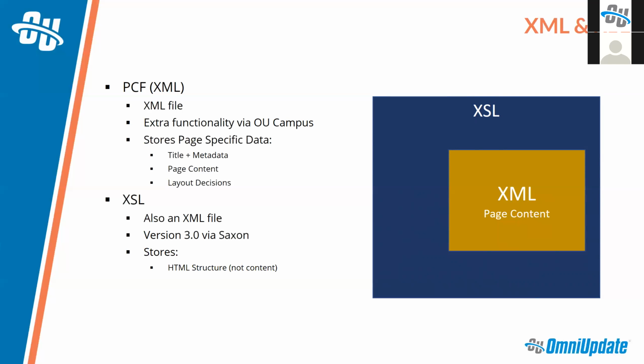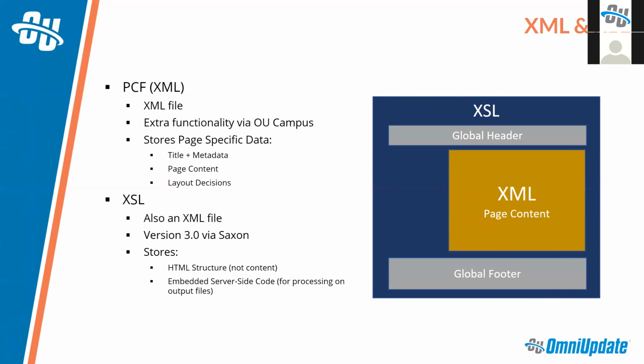But the idea is that this is going to store the HTML structure. It shouldn't carry any content, because you don't want to be editing content in the XSL, but it should be carrying the structure of the HTML page. And ultimately what it will be doing is writing the HTML or server-side language code that will allow it to build the rest of the page. So one of those items might be your global header and footer.